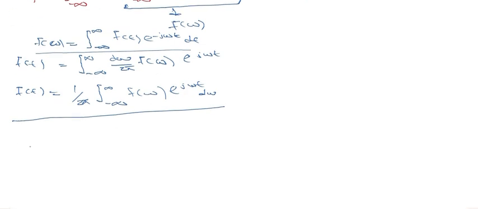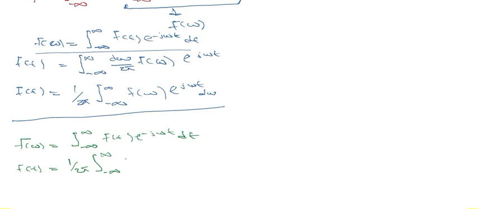We said F of omega is equal to the integral from minus infinity to infinity of f of t exponential minus j omega t dt, and f of t is equal to 1 over 2 pi times the integral from minus infinity to infinity of F of omega exponential j omega t d omega.